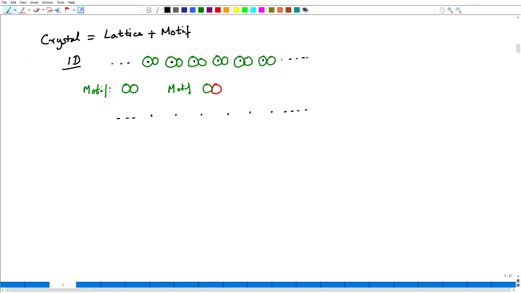And this time I decide not to coincide any of the atom centers with the lattice point. Let me first put the green atom. Now, as you can see, the atom center is not coinciding with the lattice point, and the red atom goes out here. Neither of the atom centers coincides with the lattice point, and it is absolutely fine.